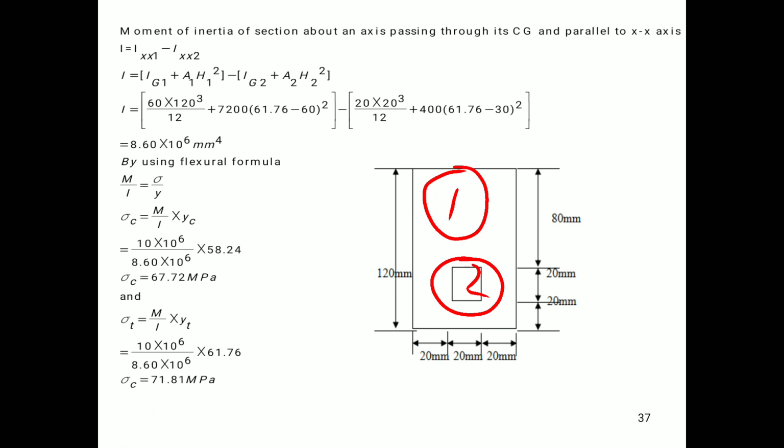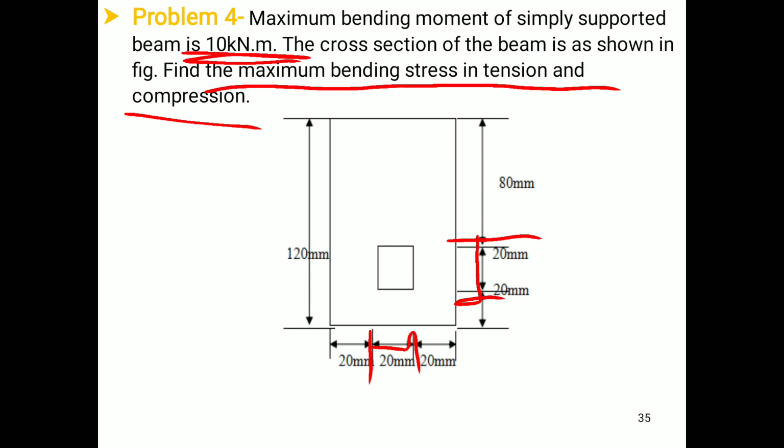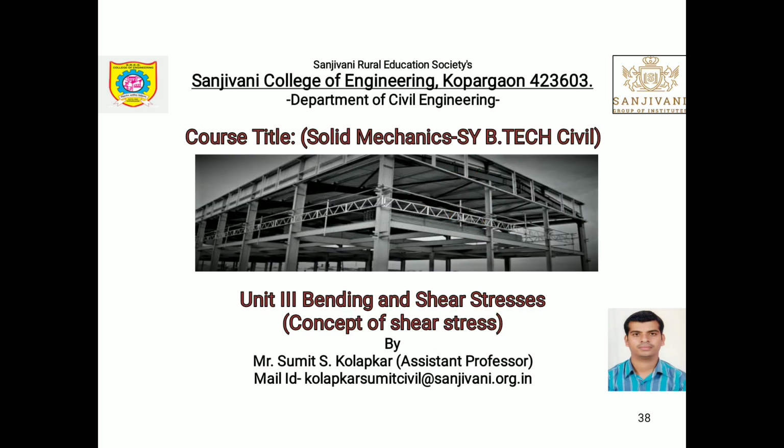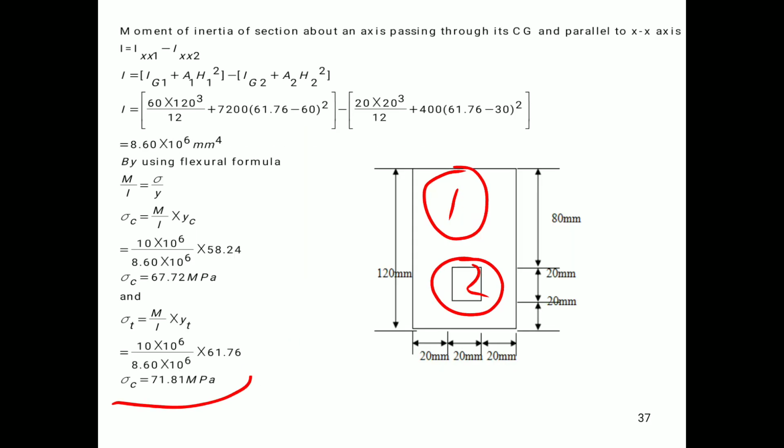As given in the numerical, we have to find out the value of maximum bending stress induced into the tension and compression. So we have sigma c and sigma t as these values. Here we have found out both values of stresses in this particular numerical.